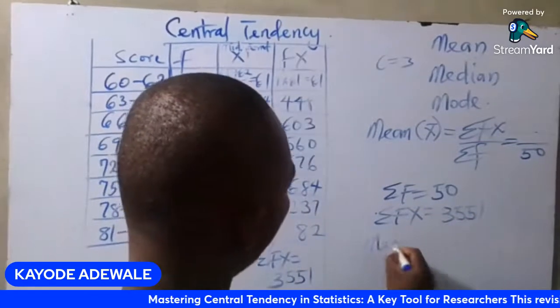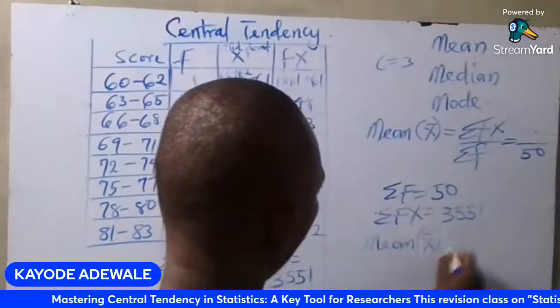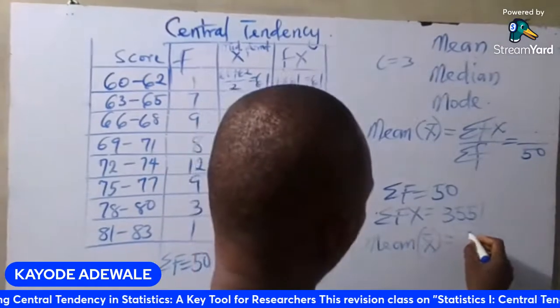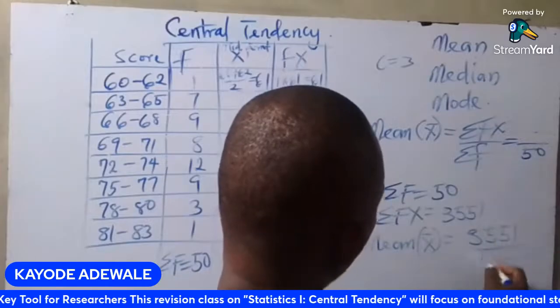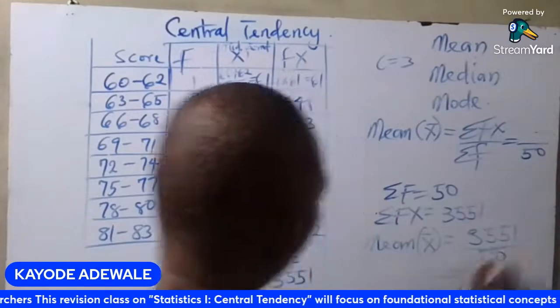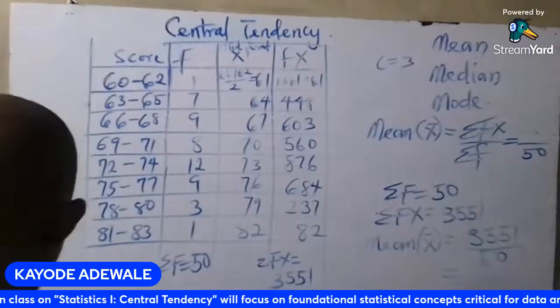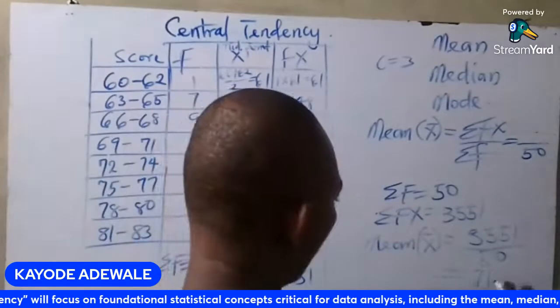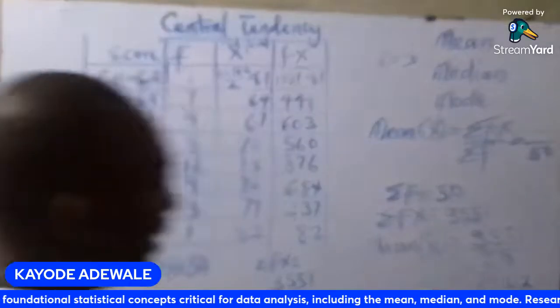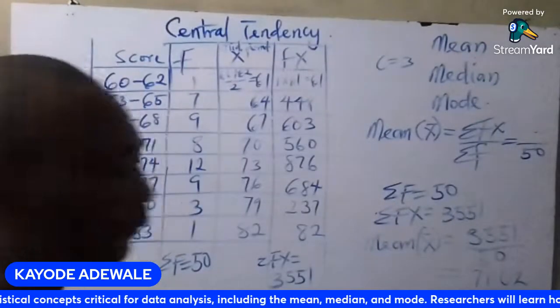So my mean now, which is x bar, will be equal to 3,551 divided by 50. So if I divide it by 50, what is it going to give me? Yes, it will give me 71.02. So with this, I've got my mean for this value.